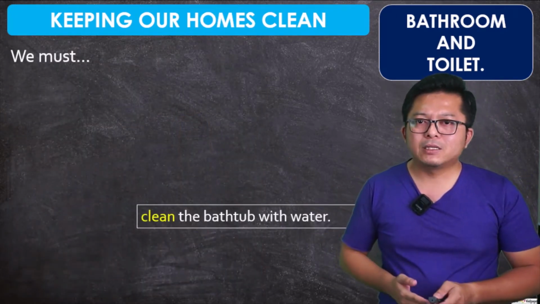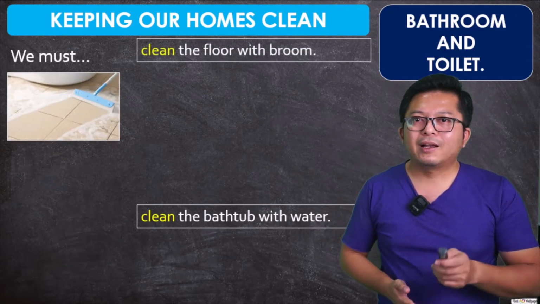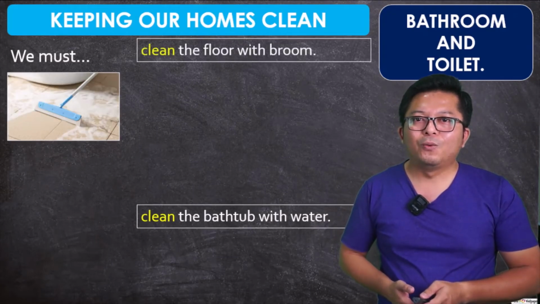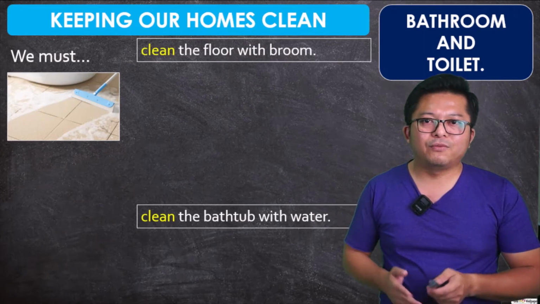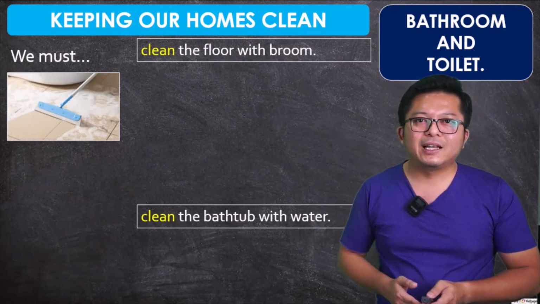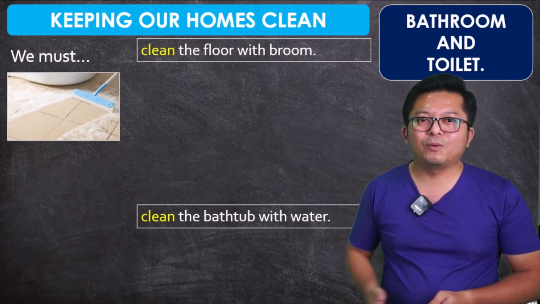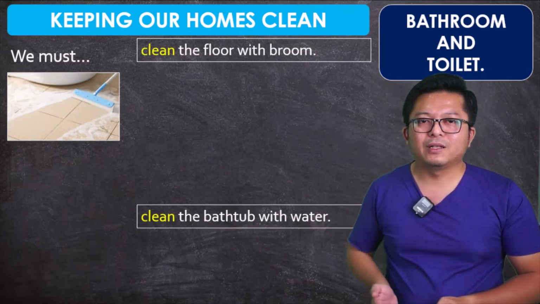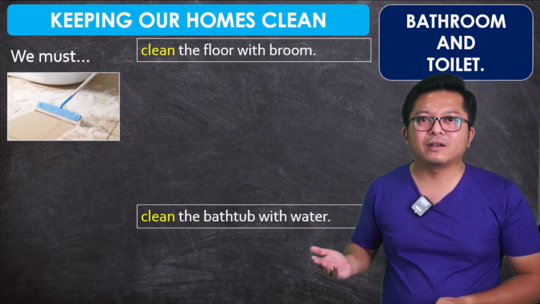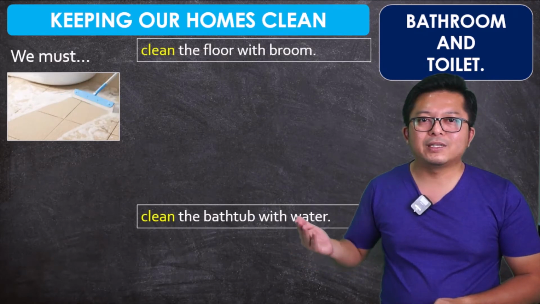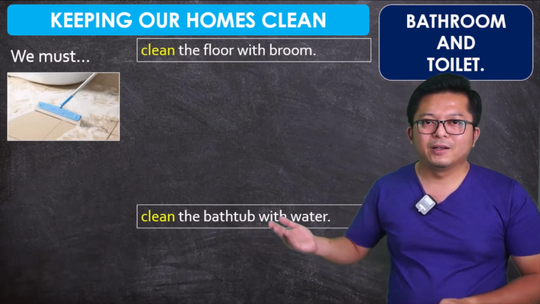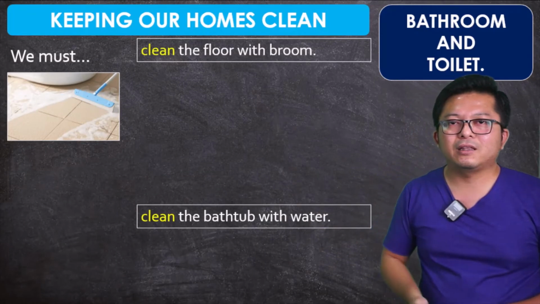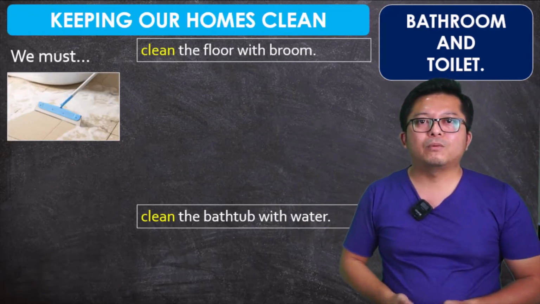So the first thing is clean the floor with a broom. Mind this, it's my fault, I might have forgotten to arrange this. Okay, the first thing is clean the floor with a broom.